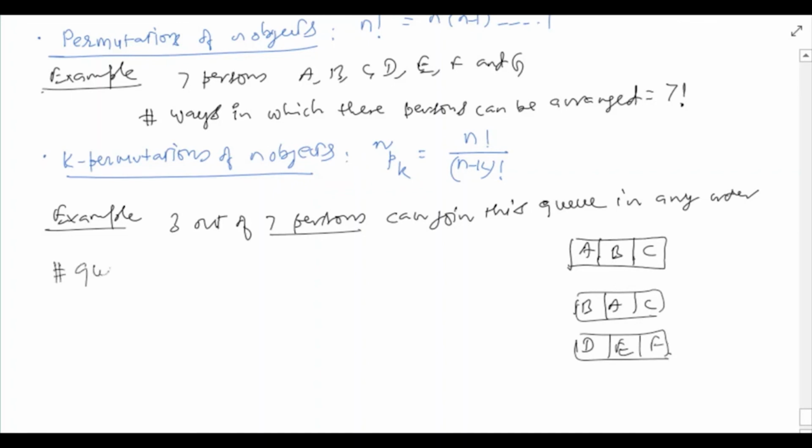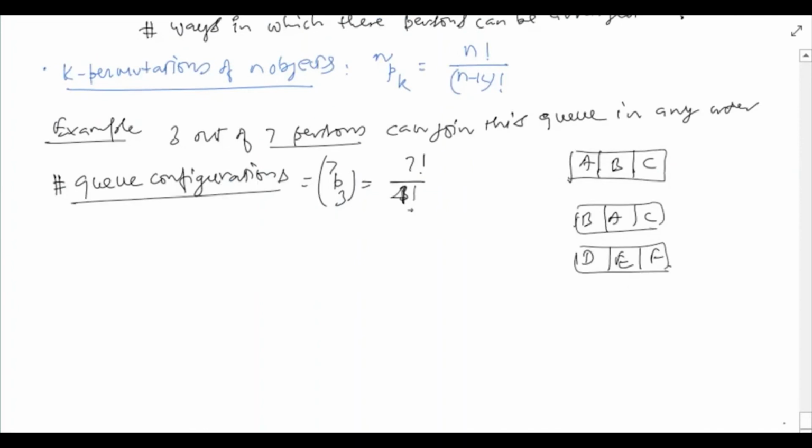So number of queue configurations will be equal to 7P3, which will be factorial 7 divided by factorial 4. Notice that here we are also concerned about the order in which these persons appear in the queue. So A, B, C is a different configuration than B, A, C.